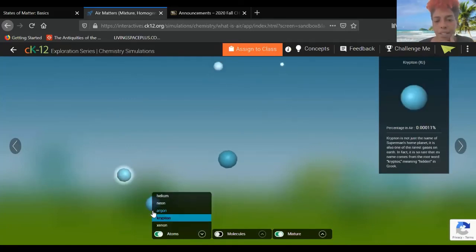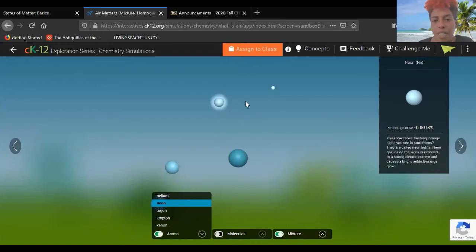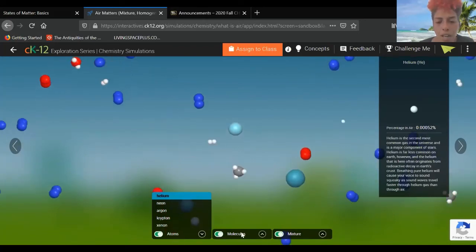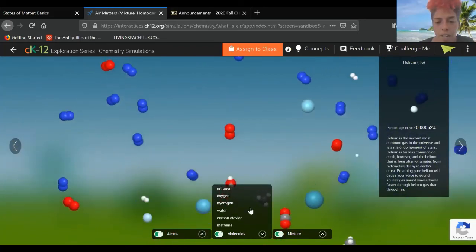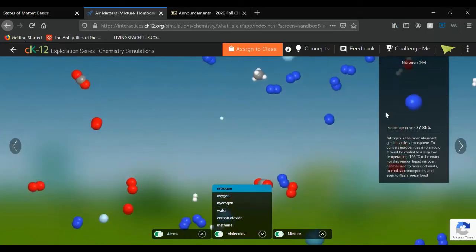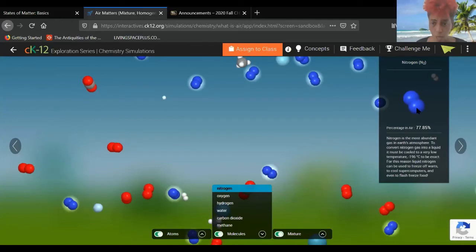We've got krypton, we've got xenon, we've got some neon, and we've got helium. What are the molecules that are found in air? We've got nitrogen. So remember I said that some elements are made up of more than one atom chemically joined together.